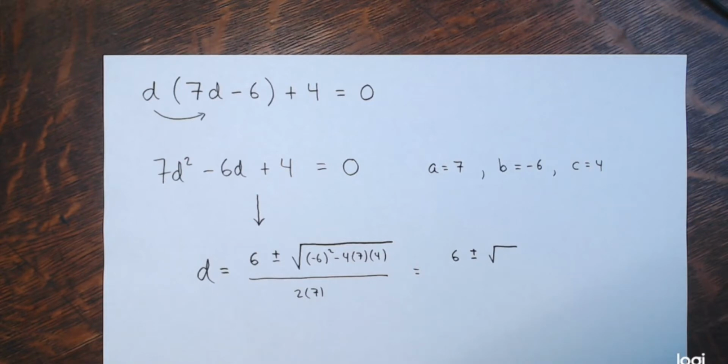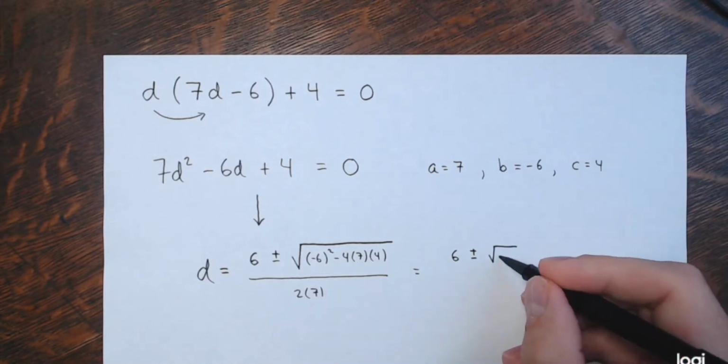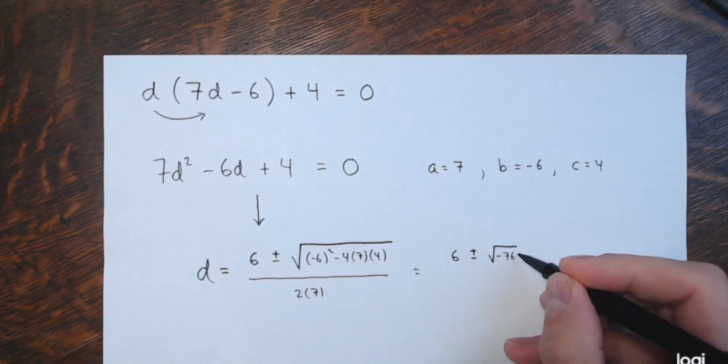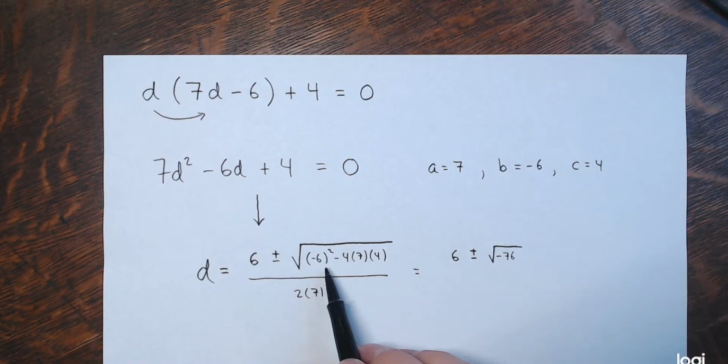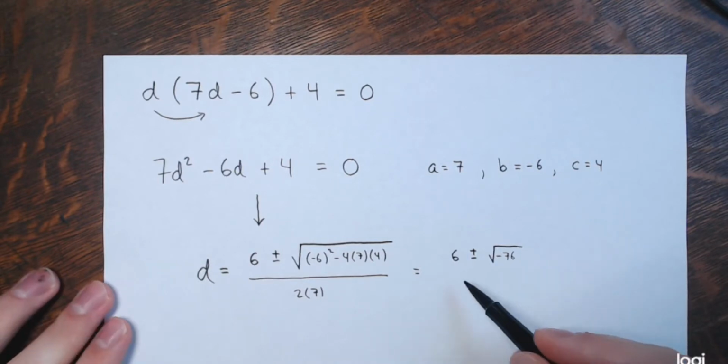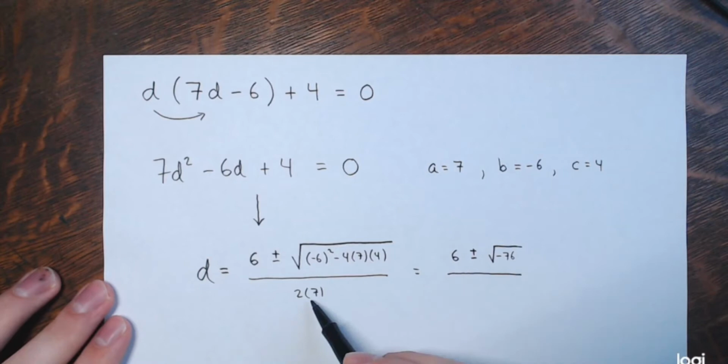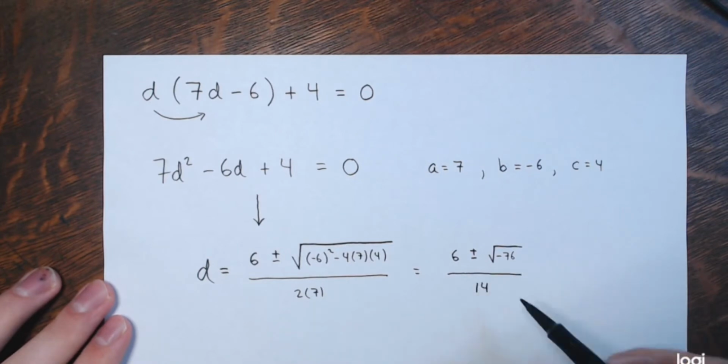Yeah, 36 and 76 would make 112. So it's negative 76. 36 minus 112. Let me just double check that. Yeah. All right. And then divided by 2 times 7, 14.